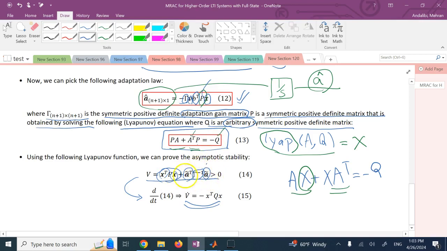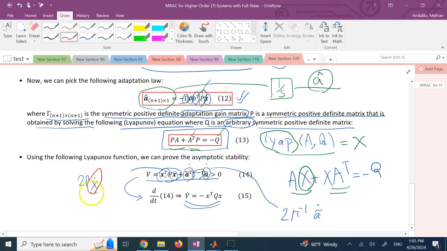And the derivative of A tilde and the derivative of X. So for X dot, you're going to get 2P times X dot. And for this term, you're going to get 2 gamma inverse times A tilde dot.